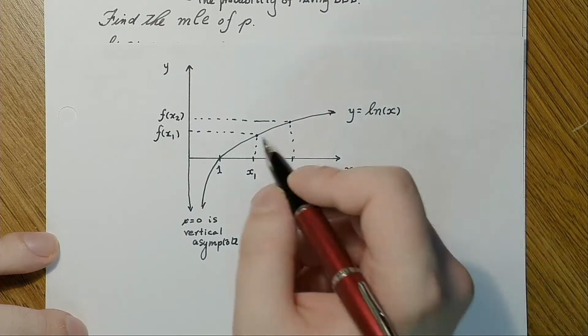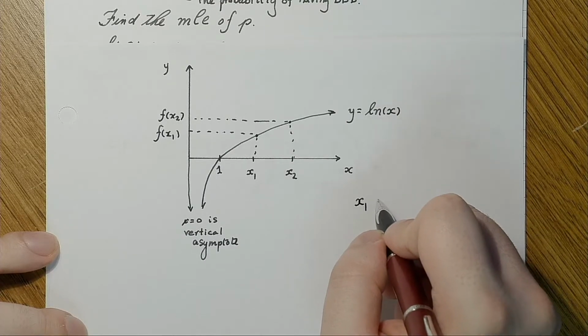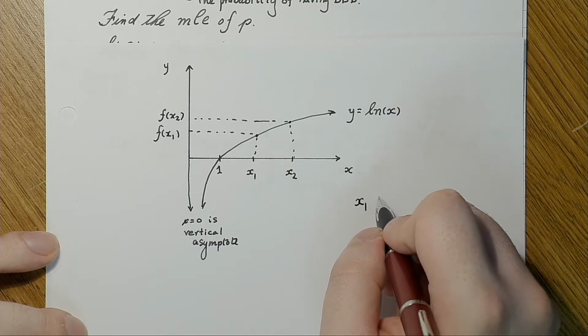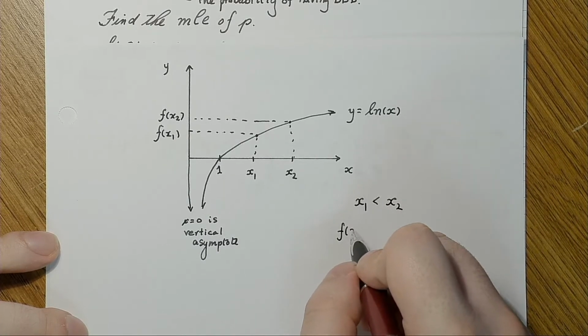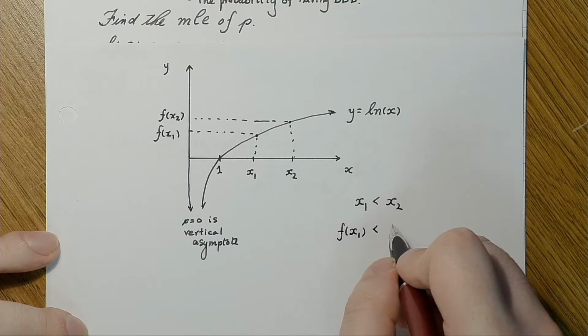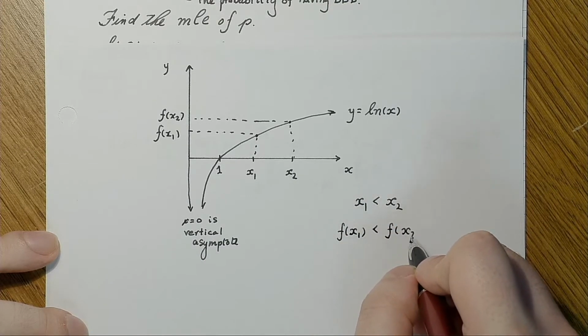So again, if we have x1 less than x2, then this function is showing that the value of x1 is less than the value of x2.